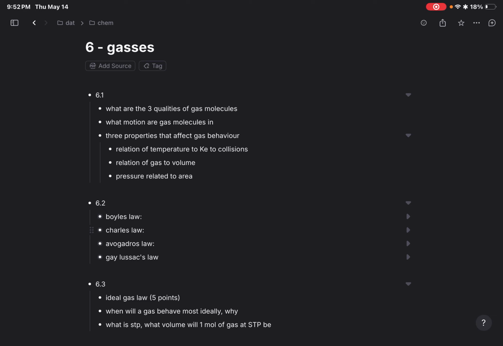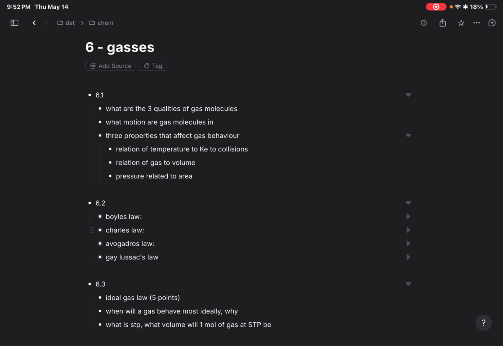Wait, how does that make sense? No. V and T are directly proportional, right? Higher pressure equals lower volume, and lower volume equals higher pressure. That's inversely proportional. Charles' law is that volume and temperature are proportional, so with a higher temperature, you'll have a higher volume.